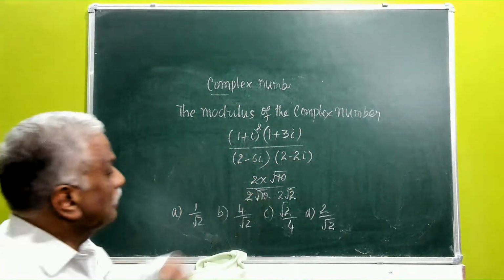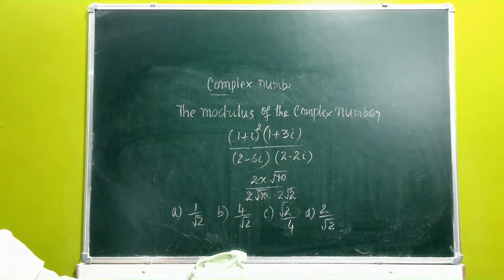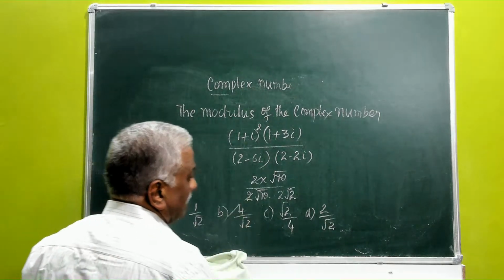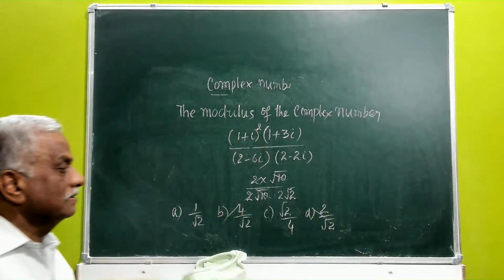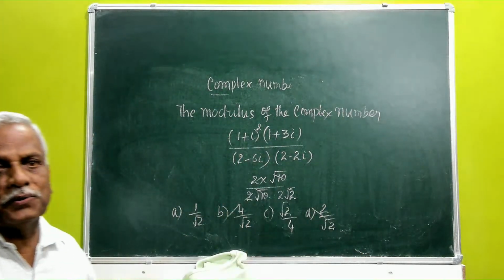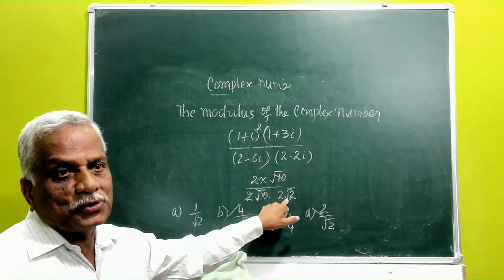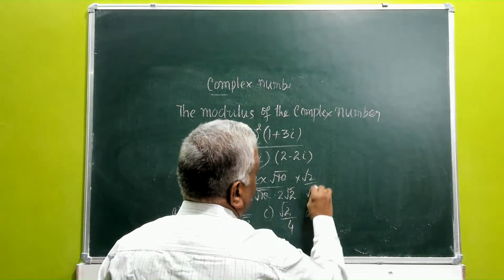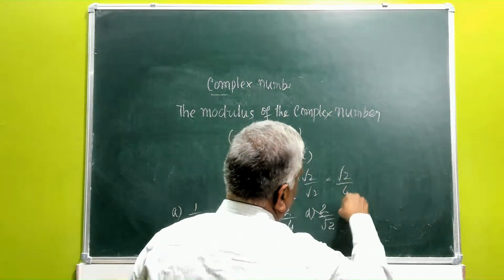We have got 1 over 2 root 2, so the answers are different. One thing is certain, 4 by root 2 is not possible, 2 by root 2 is not possible. One of them should be true. So what you should do is, multiply this by root 2 and divide by root 2. You get root 2 by 4. That's the answer.